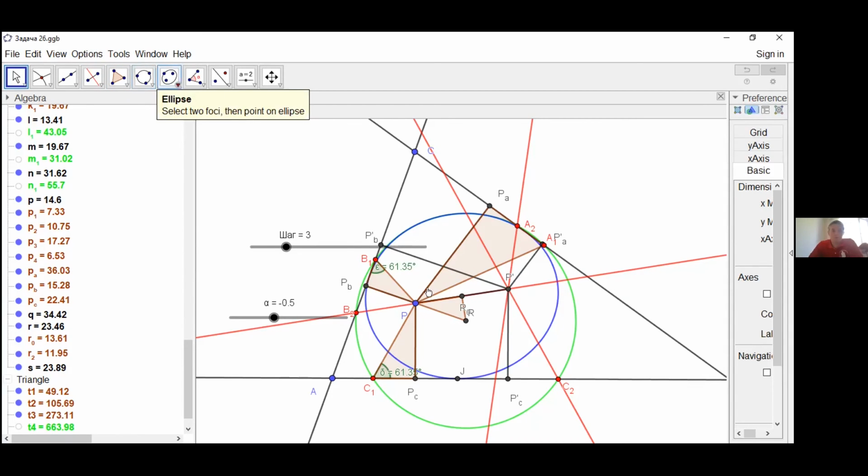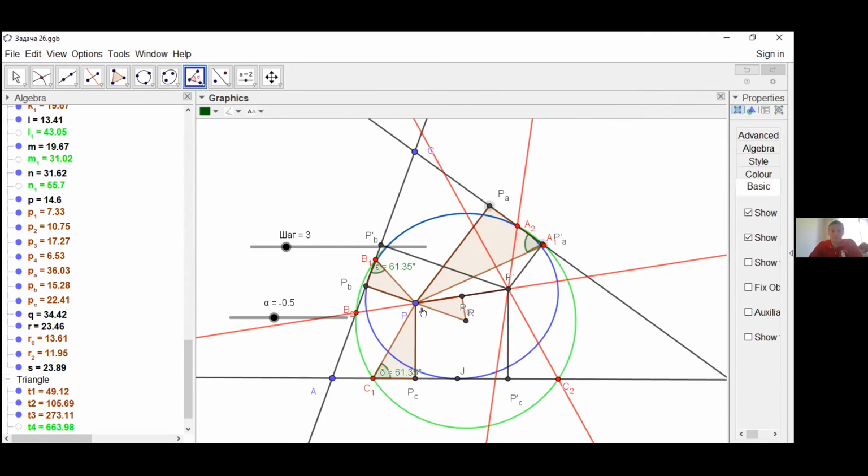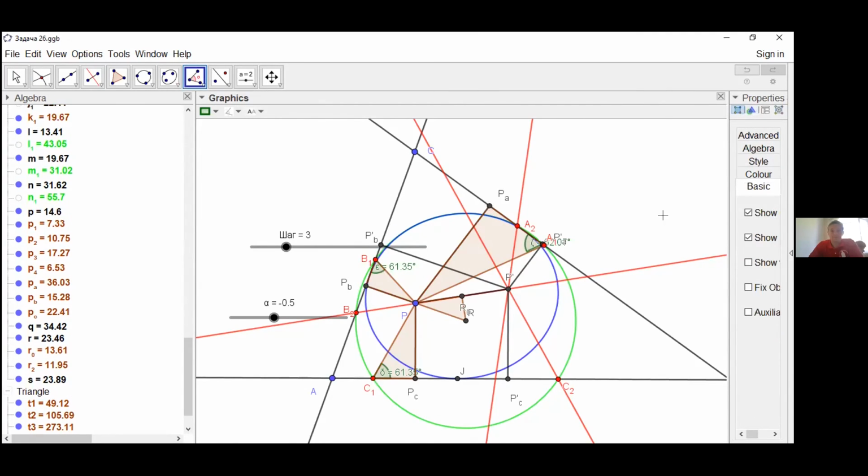These angles are equal. And it's not surprising that all these lines are tangent to a conic that is twice tangent to our circle.